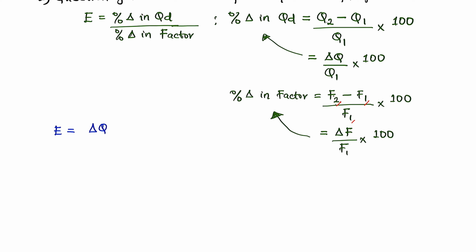In short form, to make it easier, let's remove the D and just leave only Q, divided by the old quantity, multiplied by 100, divided by change in the factor value divided by the old factor value multiplied by 100.